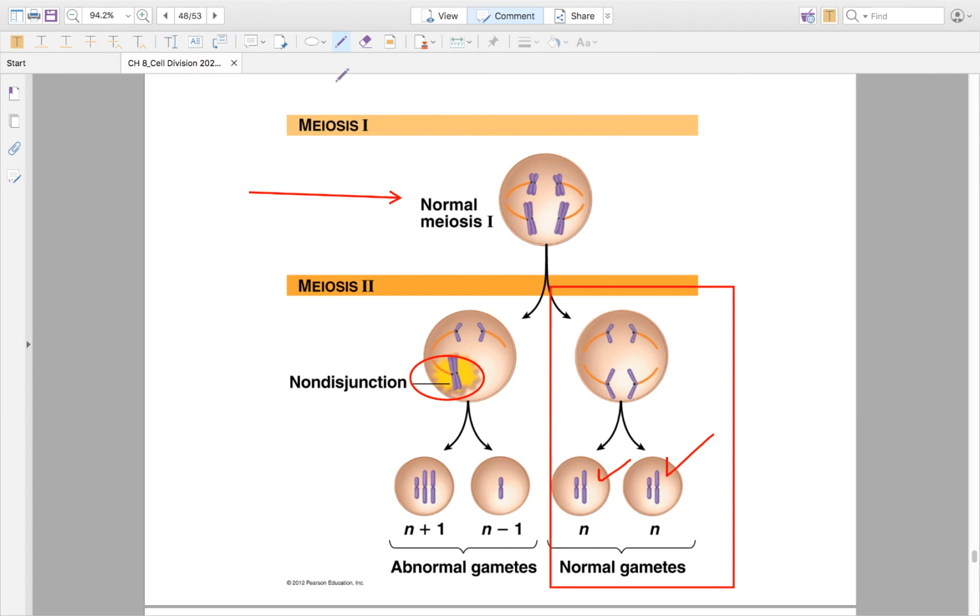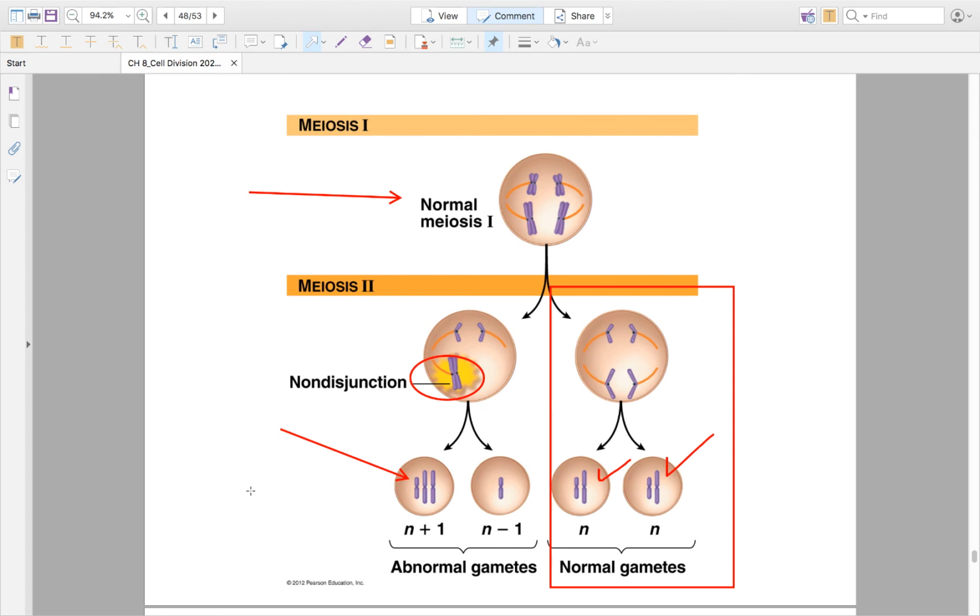Now, if a couple is having a child and this egg gets fertilized, or that sperm fertilizes an egg with an unequal distribution of chromosomes, or basically the incorrect amount of chromosomes for a human, and that becomes a child, that child is going to have a chromosome disorder. And of course, no one's going to know until the baby's in utero.